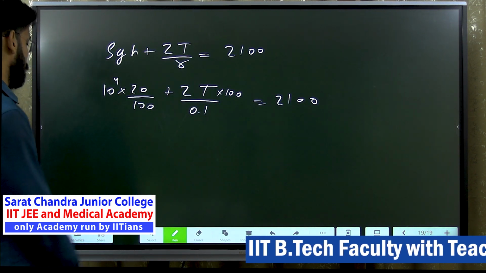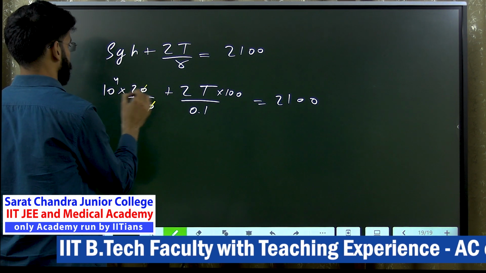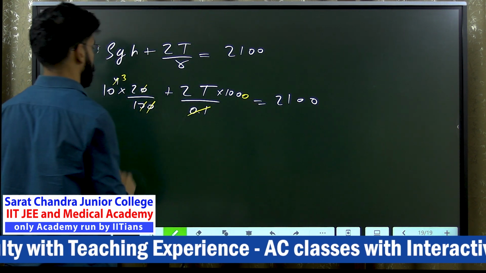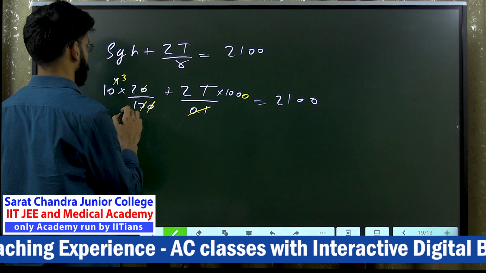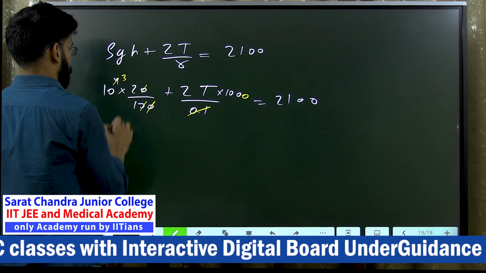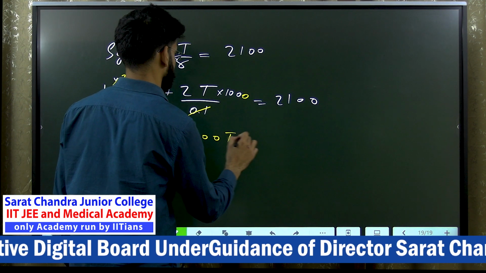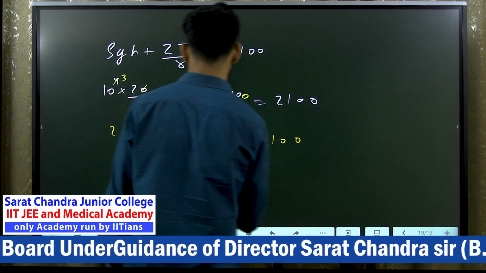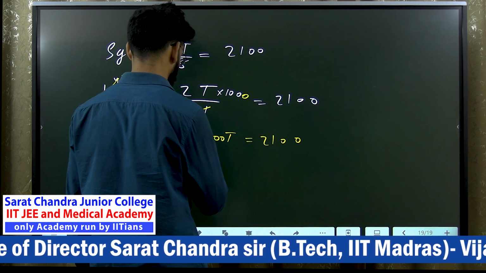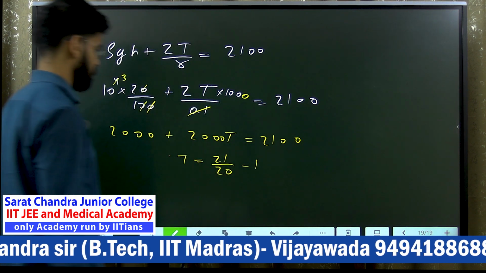So from here, 10 to the power 3 is common, so 2000 plus 2000T is equal to 2100, okay. So 2000T, okay. T is equal to how much? If we go that side, we will have 21 by 20 minus 1, right?